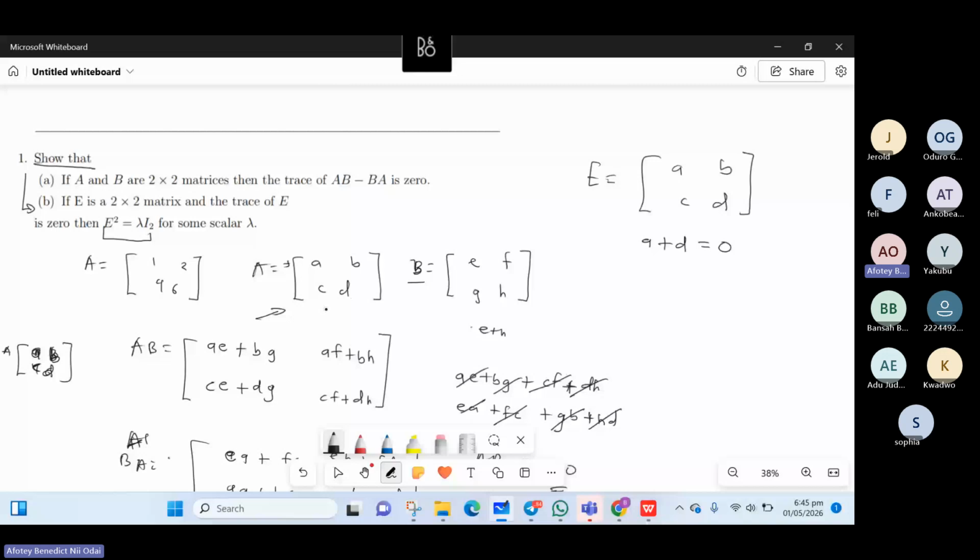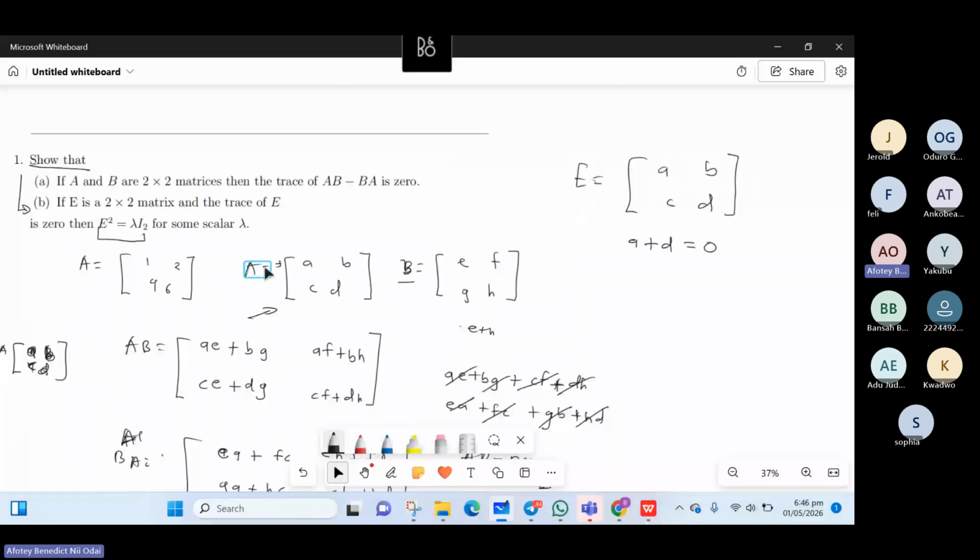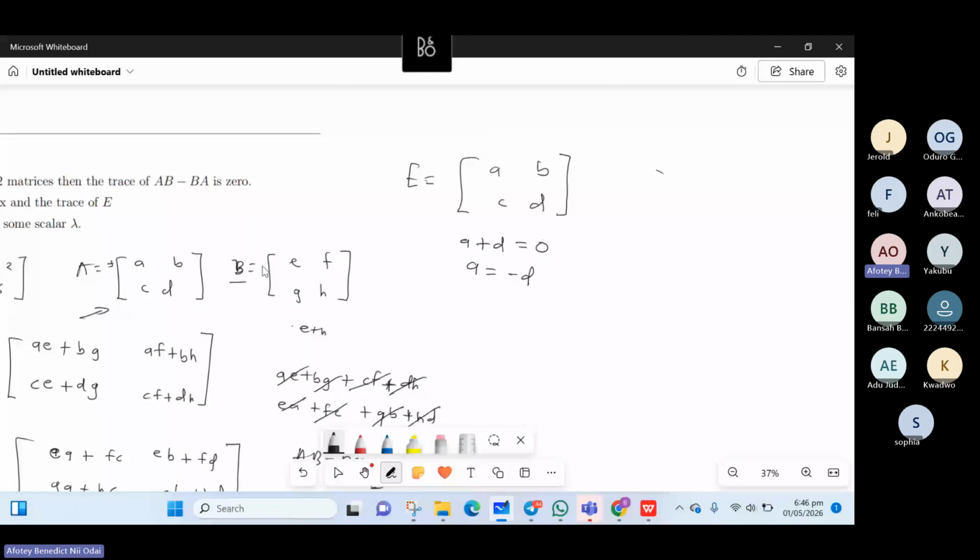First of all, we've been told that the trace is equal to 0. Therefore, A is equal to negative D or D is equal to negative A, vice versa. We can rewrite our matrix E as A, B, C, and negative A, because A and D are the opposite of each other.